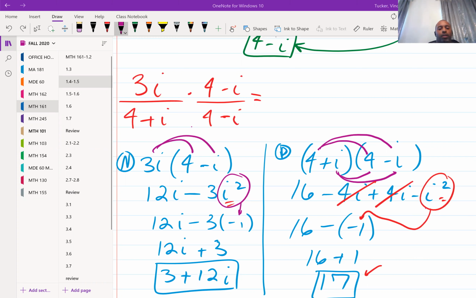And then we have 12i plus 3. And of course, to write it in standard form, we mentioned before as well, you put your real part first, then your imaginary part. All right, questions on the numerator and what we did?